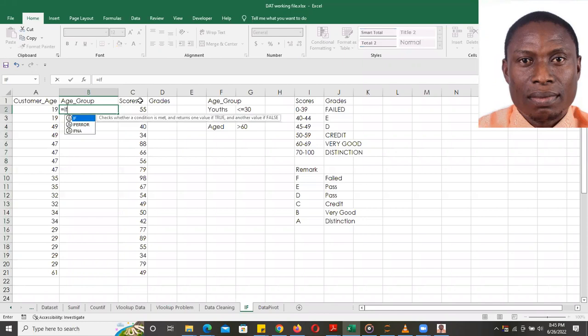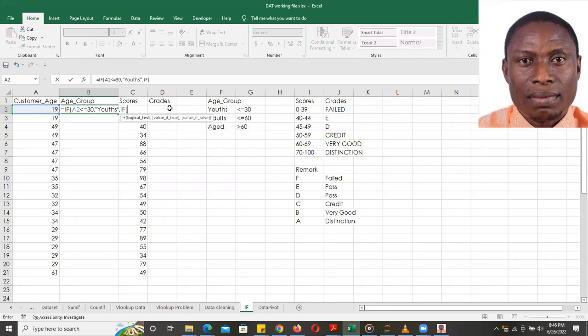Equals to if. Now, if this cell is less than or equal to 30, then we say it is what? Youth. Okay?